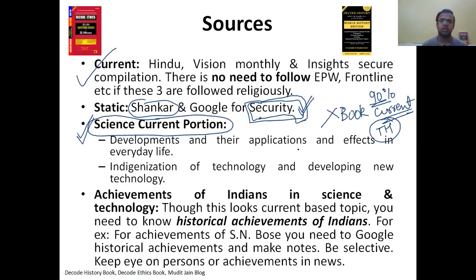Otherwise, there is a particular video on science sources on my YouTube channel. Go and watch that video. I have listed the articles from where the 2017 paper of science came, 2017, 15 and 16. So it proves that nothing much beyond the Hindu newspaper is required for science preparation.